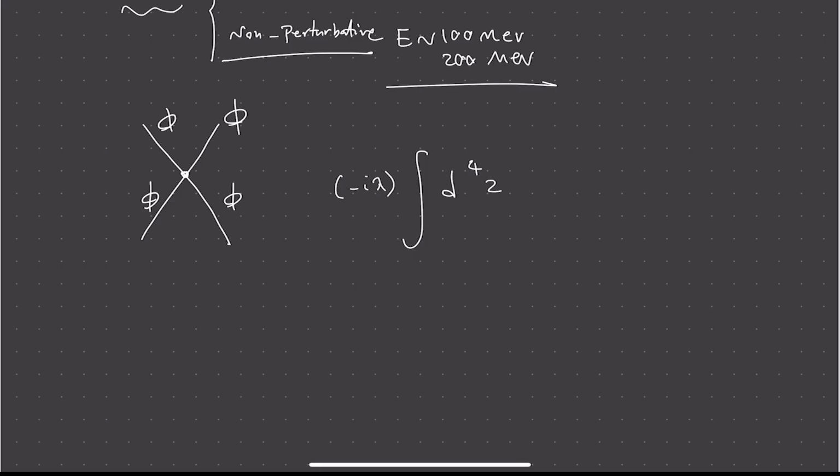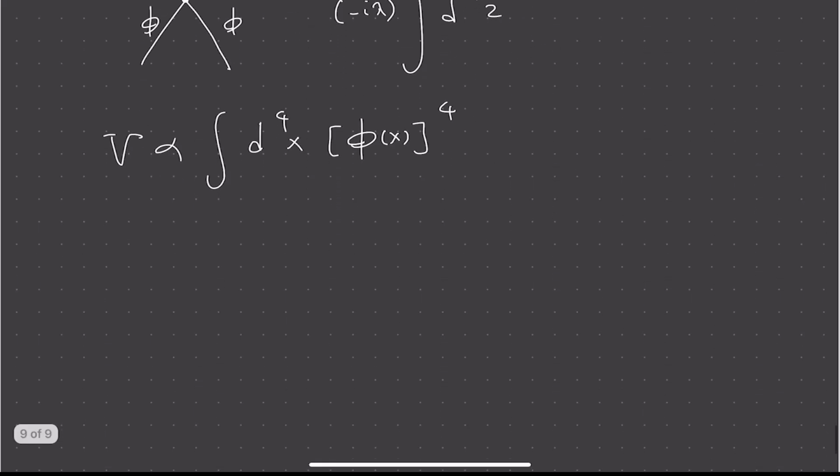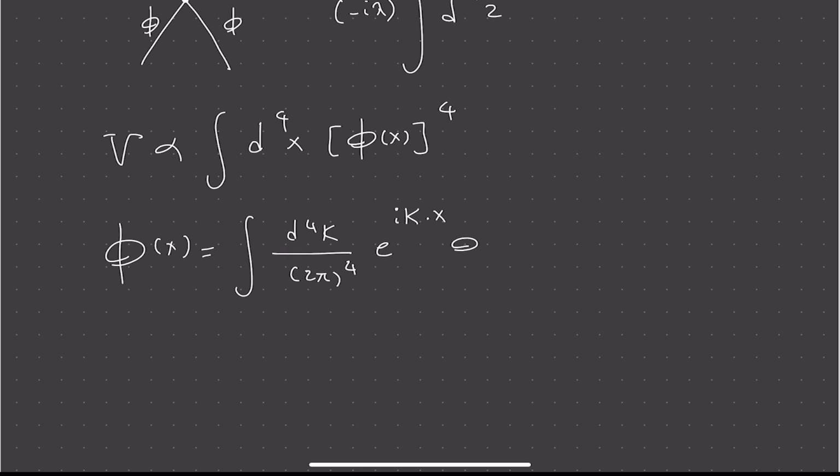So in phi-4 theory, the potential, or the interaction Hamiltonian, is proportional to the integration over all points of space of phi of x to the power of 4, right? If we decompose any phi of x into Fourier modes, you have an integral over d4k over (2 pi)^4, and then e^(i k dot x) phi tilde of k.